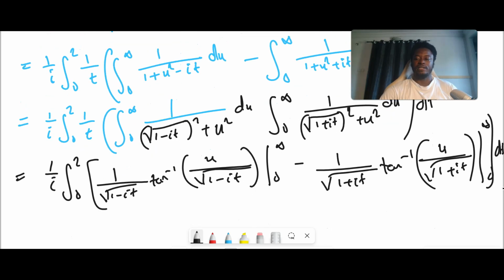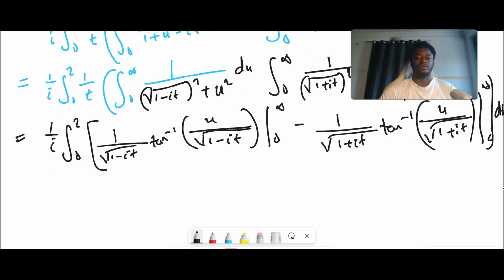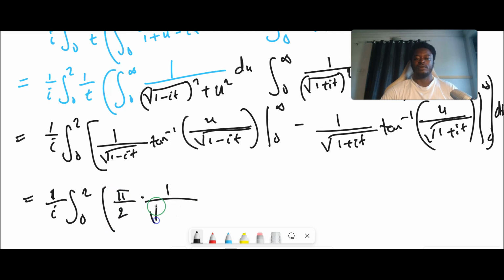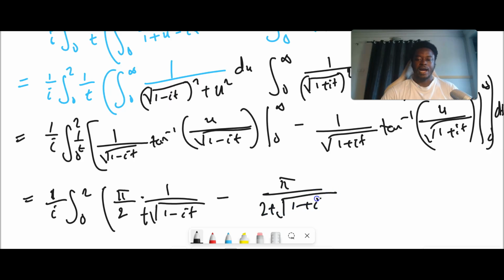So if you evaluate, the tan inverse of infinity is basically pi over 2. So you have 1 over i times the integral from 0 to 2 of, on this part, pi over 2 times 1 over t times square root of 1 minus it, because there's a t outside here, minus pi over 2 times 1 over t times square root of 1 plus it, dt.